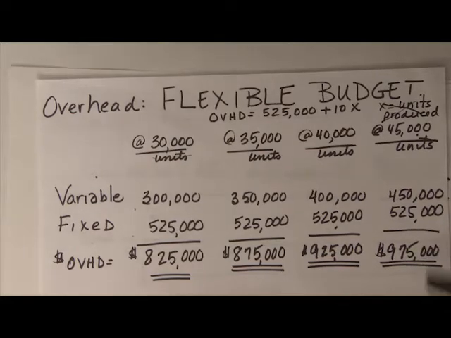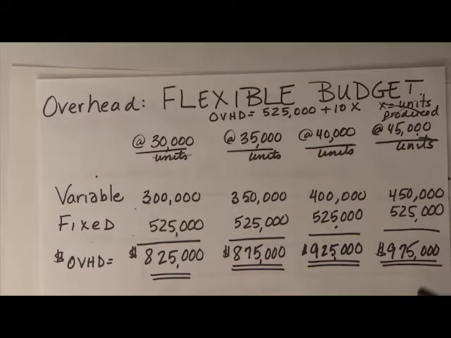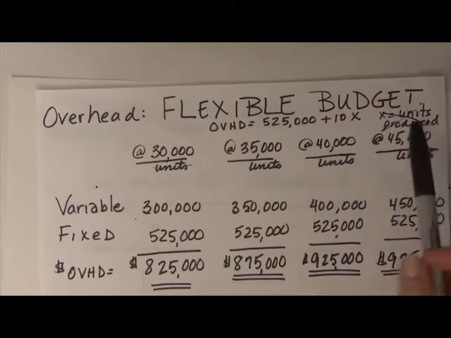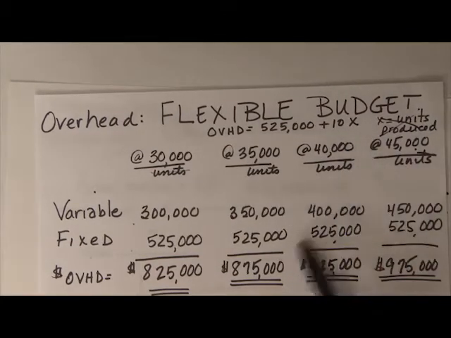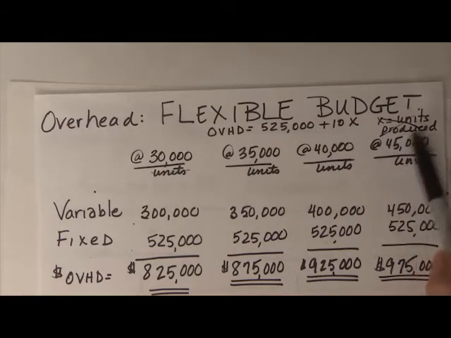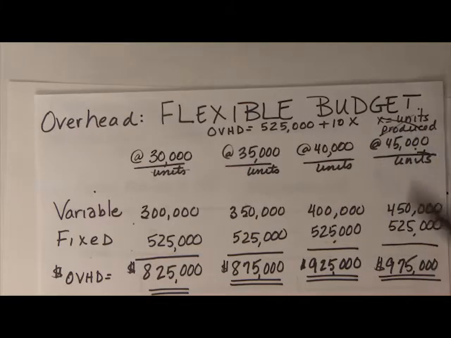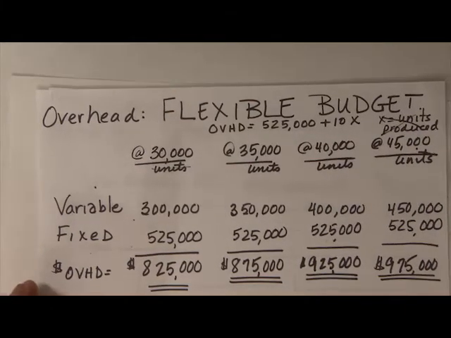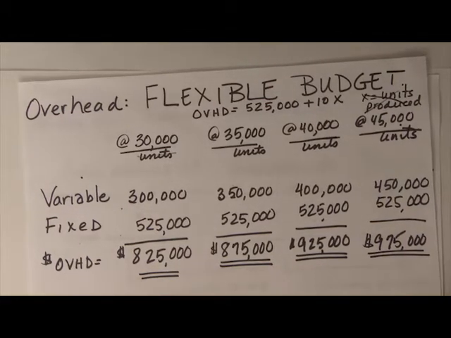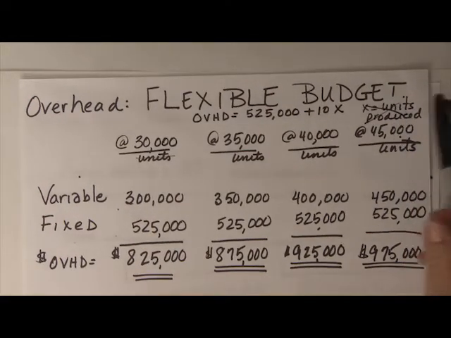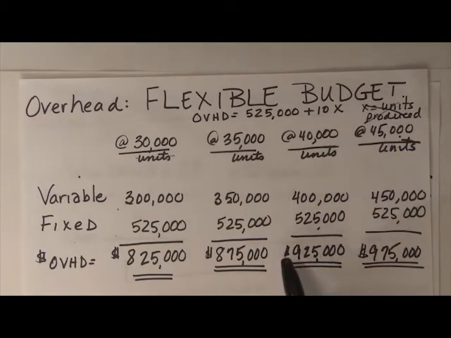Now, in this particular example, we used the activity level of units produced. This would be considered output. If a company only makes one product, it's quite all right to use units produced.